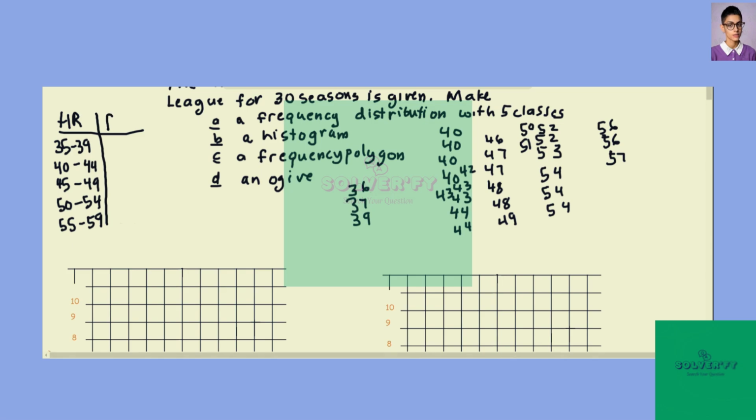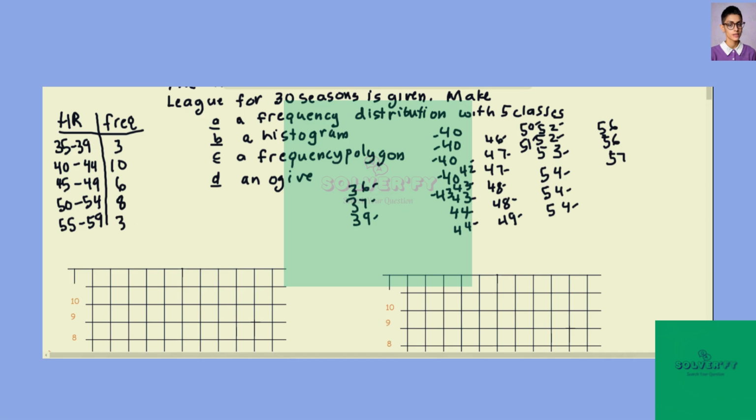Okay, then here's frequency. How many are between 35 and 39? 1, 2, 3. How many are between 40 and 44? 1, 2, 3, 4, 5, 6, 7, 8, 9, 10. 45 and 49, 1, 2, 3, 4, 5, 6. 50 to 54, 1, 2, 3, 4, 5, 6, 7, 8.